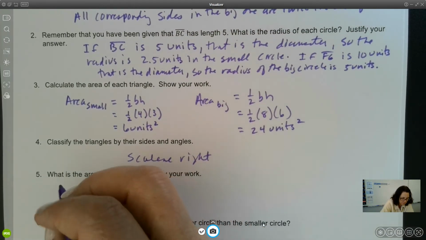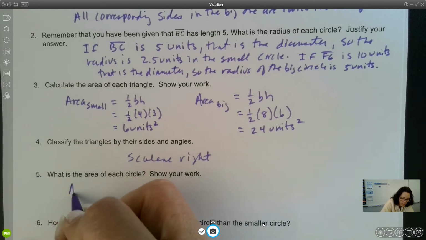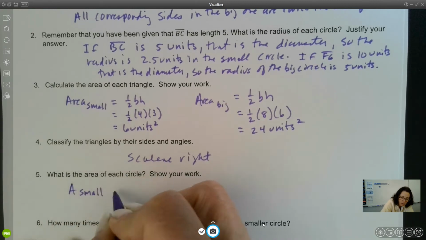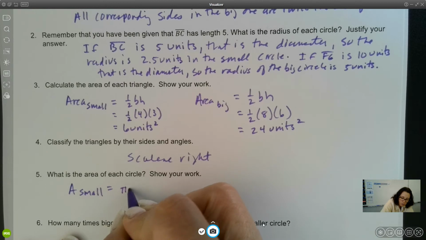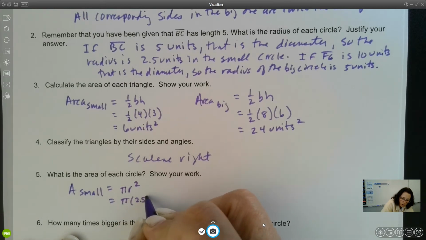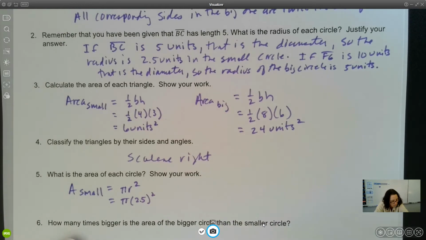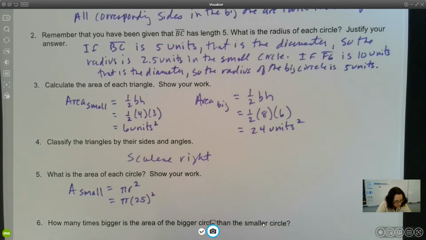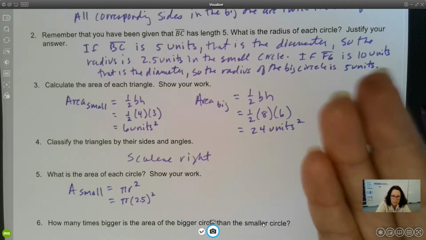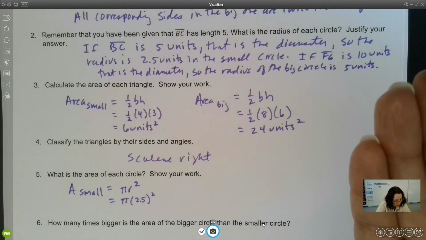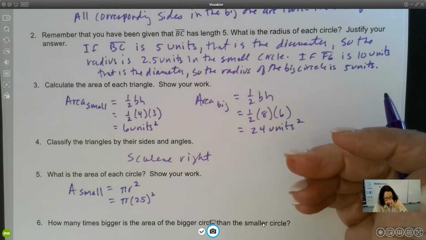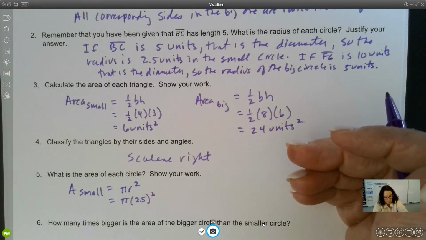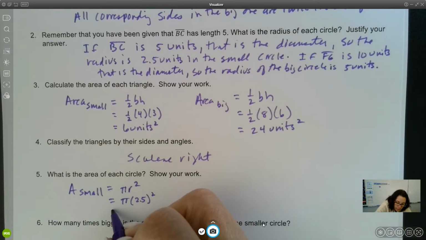Well, we're going to use pi r squared, and we learned that r is 2.5. It doesn't say whether to keep it in exact value in terms of pi or to approximate, so I'm just going to leave it in pi. It's one less step.